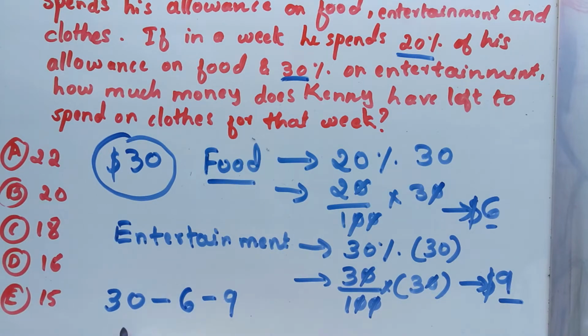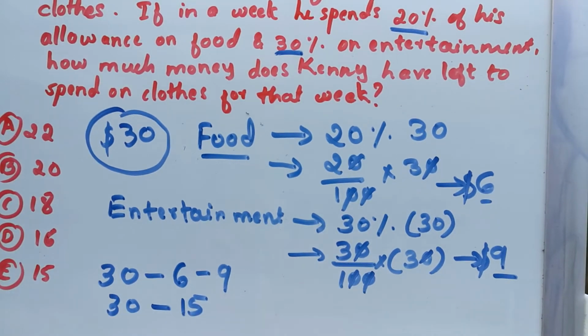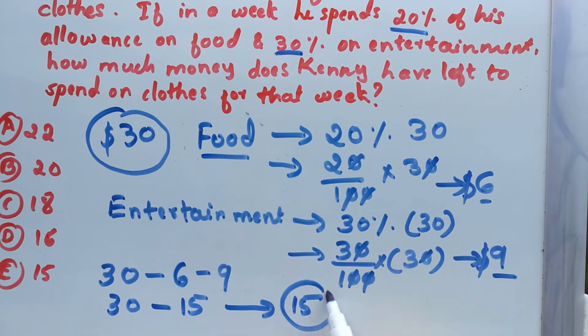So this is 30 minus 6 minus 9. This is 15. So 30 minus 15, we will get 15. So he spends $15 on clothes.